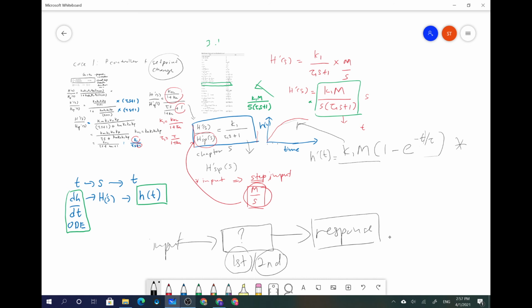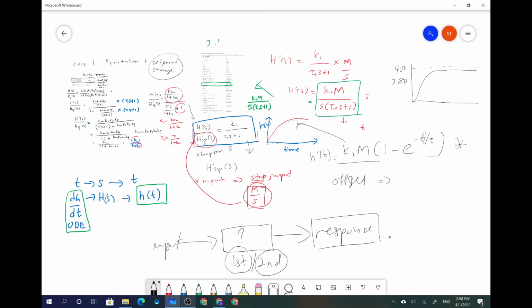To find the offset: offset is a steady state error, meaning the response reaches steady state, but it doesn't reach the set point that we want. It is below or higher than the value of the set point that we want. Let's say we want it to be 400, it may be just 319, 318.